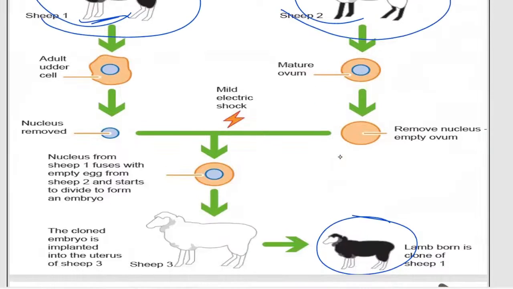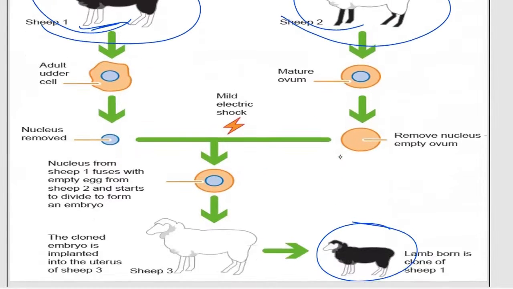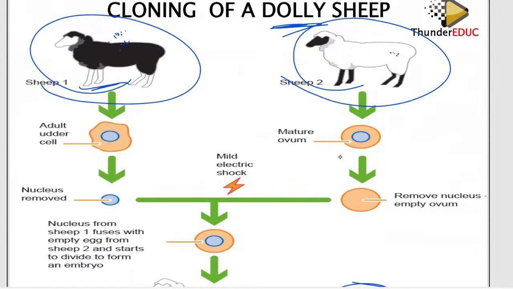All right. So now let's find out. From sheep 1, we get an adult udder cell. The udder is the part where the teat starts from.